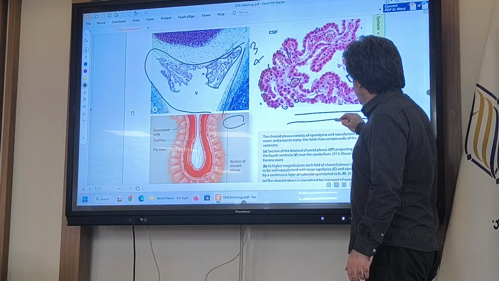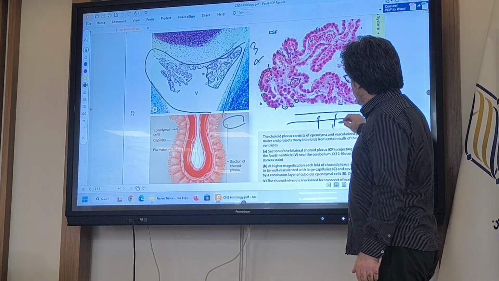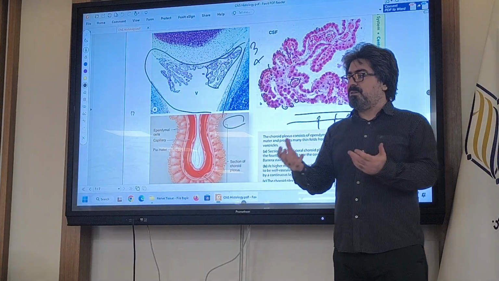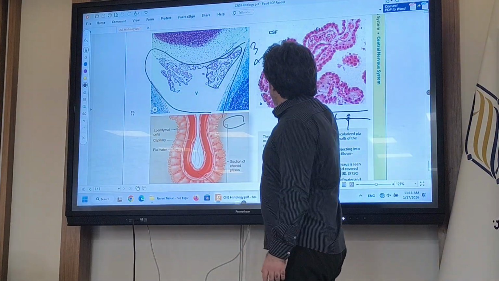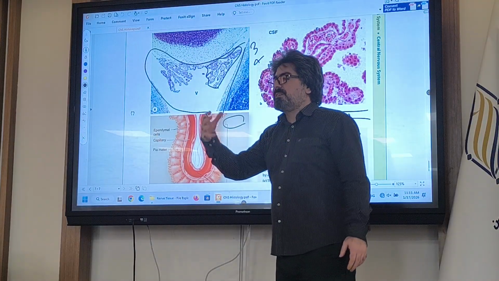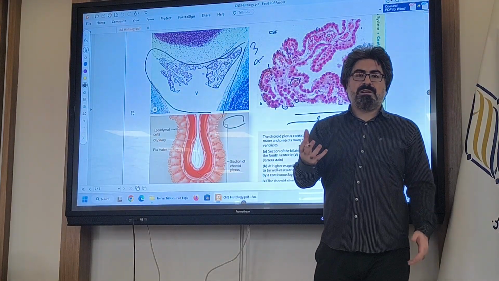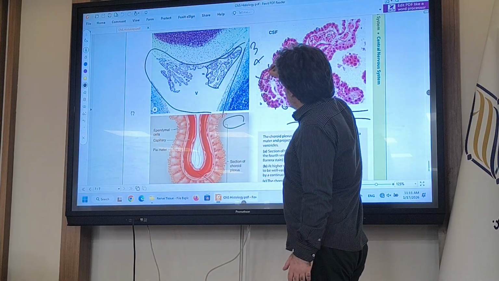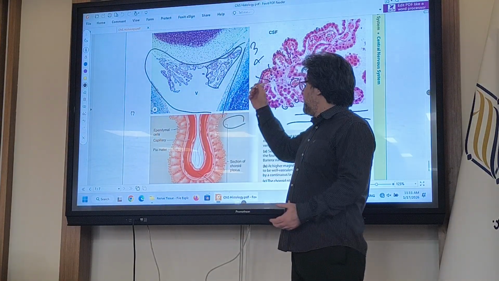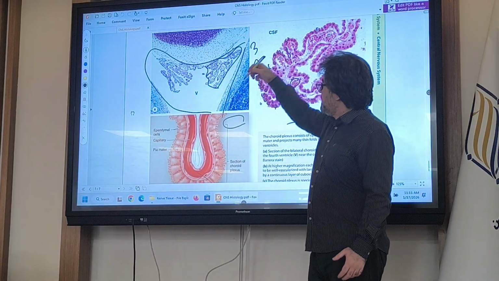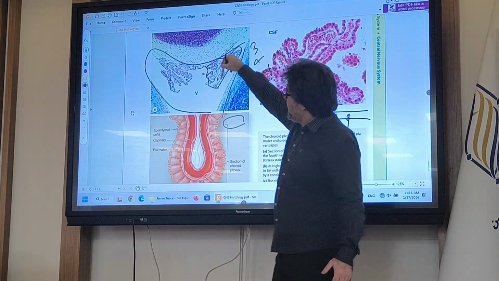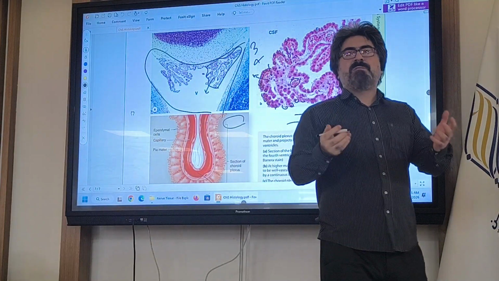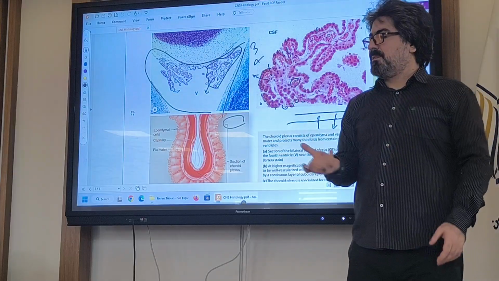There are some fenestrations for passage of something, for passage of water, for example, ions. So type of capillaries here are fenestrated capillaries. And the ependymal cells absorb water from capillaries and secrete this water into the ventricles. Okay? So it will be CSF, cerebrospinal fluid.